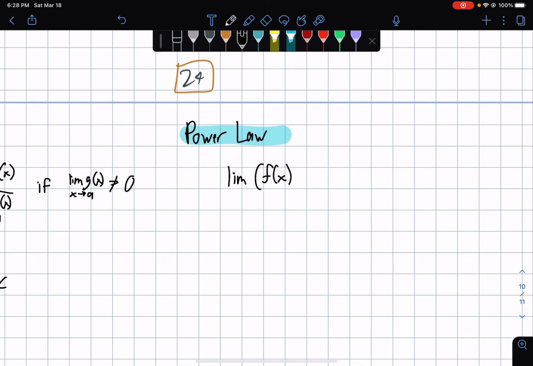So lim f of x such that x approaches a, raised to n, is equal to lim of f of x raised to n such that x approaches a. Alright, lim f of x, lim f of x. The question is, what changed? I don't see much. Oh, wait. I think it's just a parenthesis.